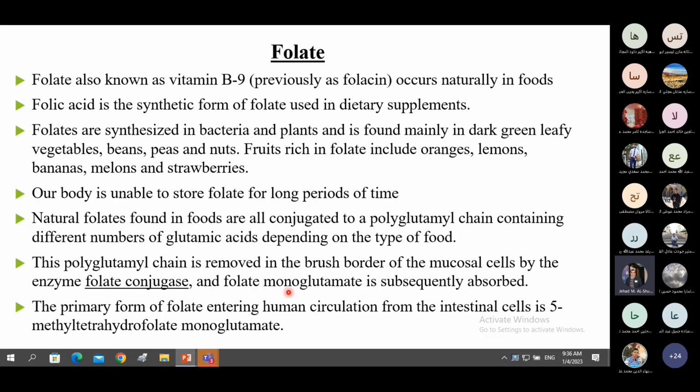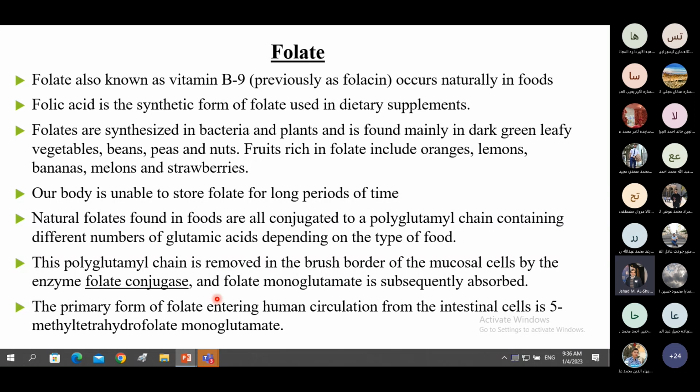This is why it is known as folate monoglutamate. So naturally, the folate is always attached with polyglutamate. In the small intestine, the enzyme folate conjugase cleaves the polyglutamate and leaves only one glutamic acid attached to folate. This is why now in the small intestine, it is found as folate monoglutamate.